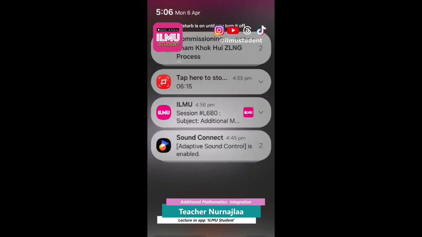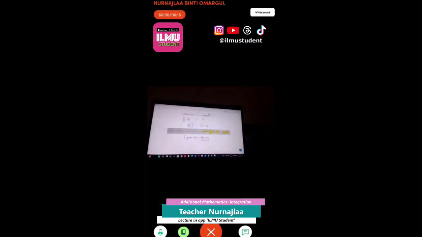The integral of g(x) with respect to dx is 7x plus c. That is how to solve this question.